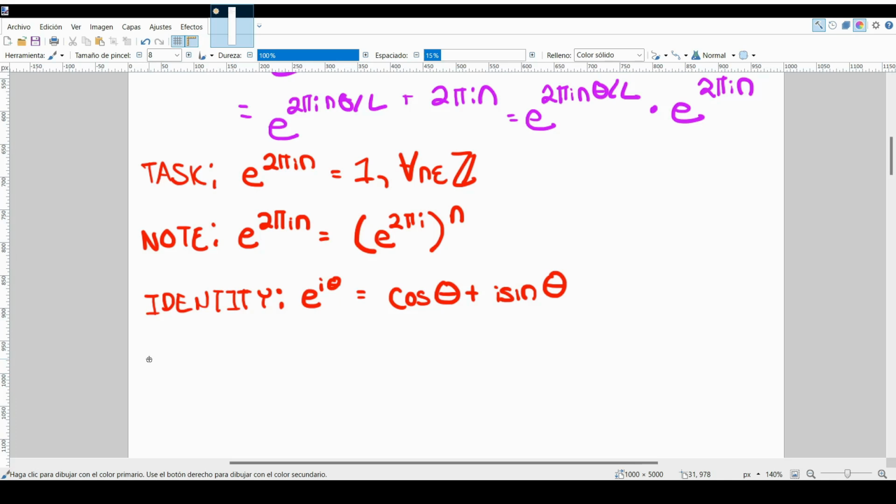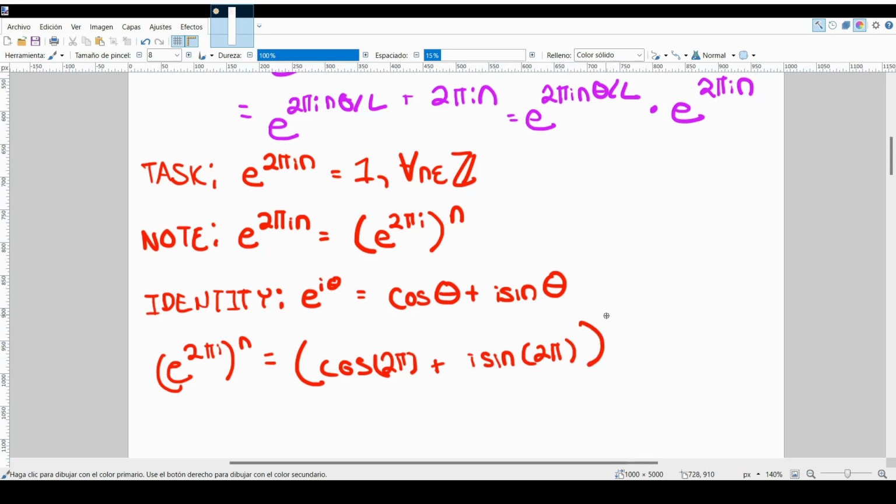So we can then just note e to the power of 2 pi I, to the n, is the equivalent of cos, and then our theta is 2 pi, I'll just put that in brackets here, plus I sine 2 pi, and then this whole thing is raised to the nth power.